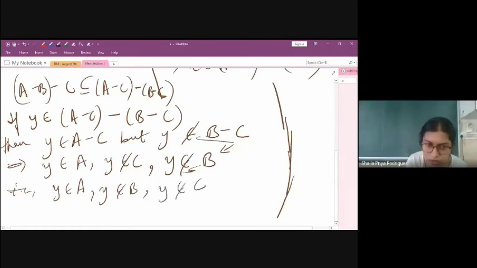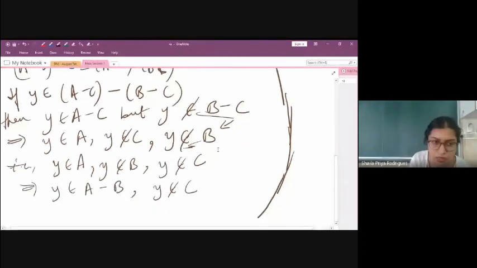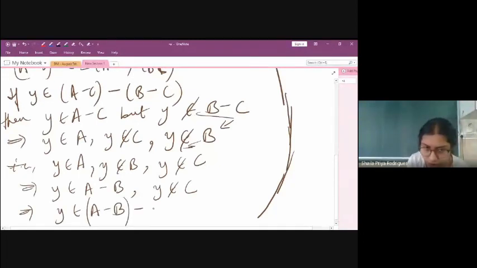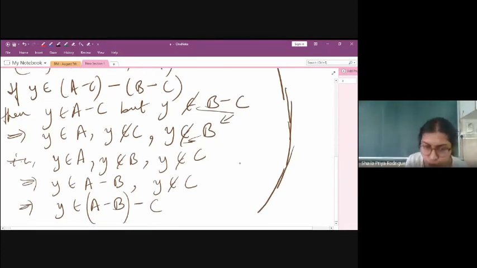So now this means that Y is a part of A − B, and we still have Y not belonging to C. All right, so this means that Y belongs to A − B. If Y is not a part of C, then it belongs to (A − B) − C. So in this part of the proof, we proved that since Y belonged to the second set, it was a random element.